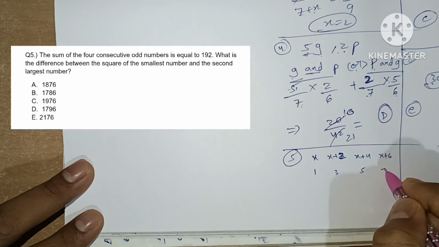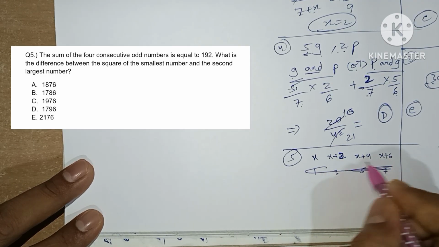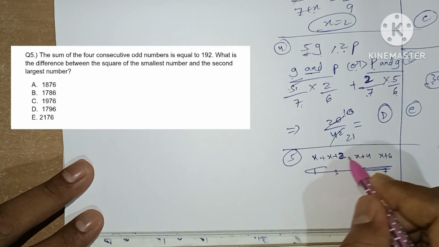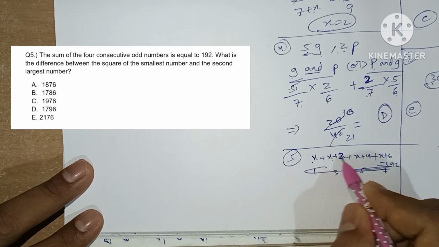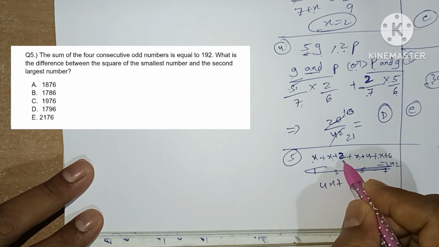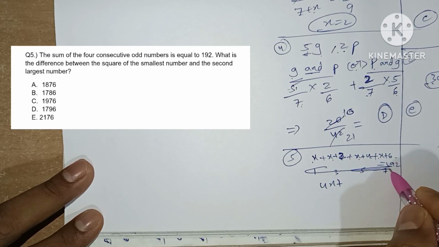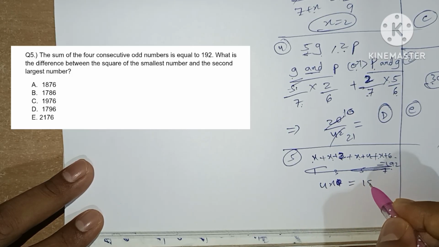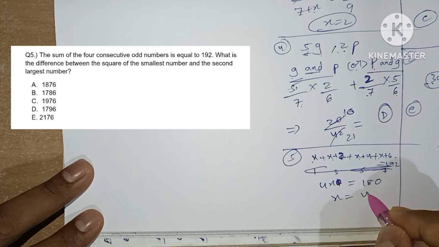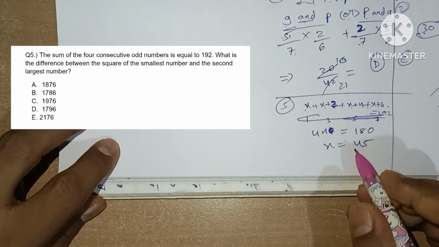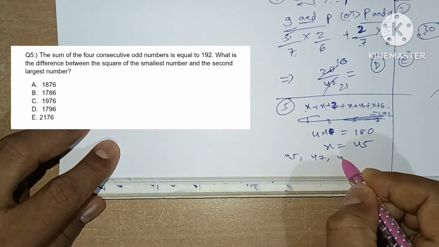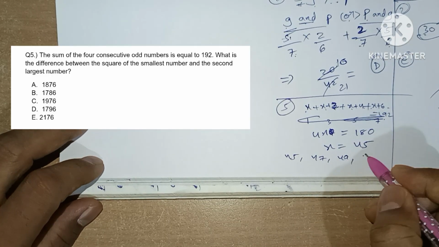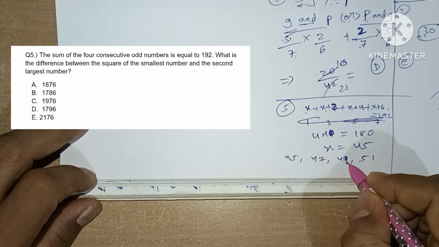These are the consecutive odd numbers, and their sum is given as 192. So we have 4x plus 12 equals 192. 12 goes to the other side as minus 12, so we get 180. The x value becomes 45. So the numbers we have are 45, 47, 49 and 51.